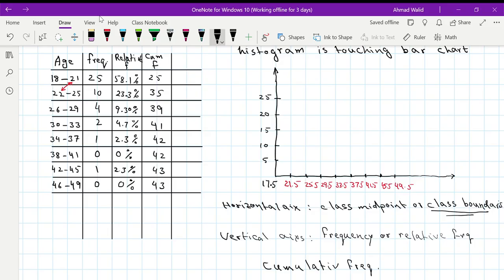Ages between 17.5 to 21, how much is your frequency? 25. I will draw a bar here like this. Use ruler, please. I'm using an electric pen. It's so difficult to control my hand. That's why it's moving. Between 21 to 25, you have the frequency of 10.